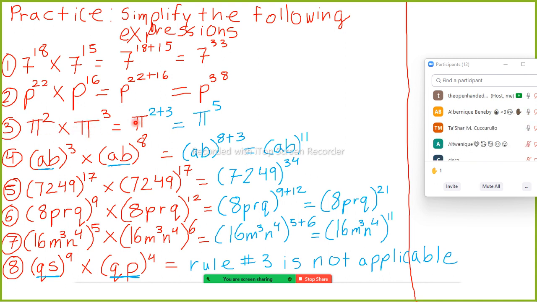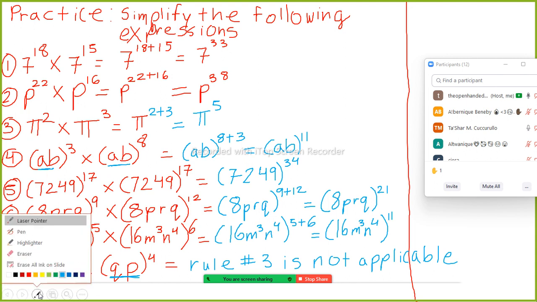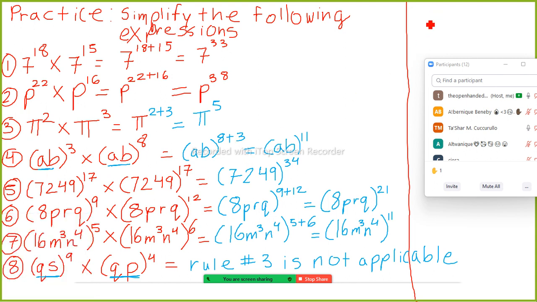Pi times the diameter is the circumference of the circle. Pi is used when we're talking about circles. Pi is actually a special number. It equals 3.14 and continues on. Very good question. The symbol is pi.